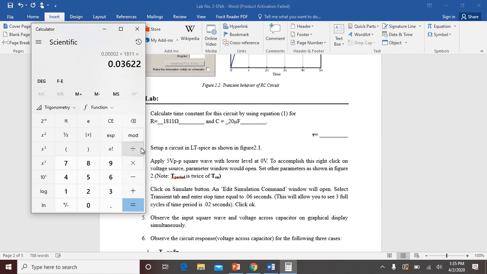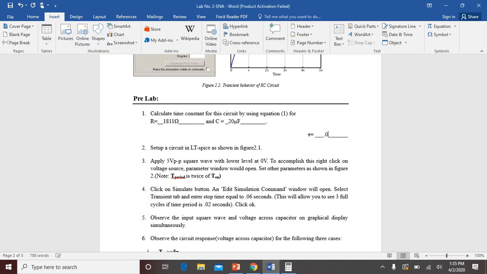Okay, so the answer is 0.03622. The unit will be second, or the unit is also ohm farad. You can write both anyway.